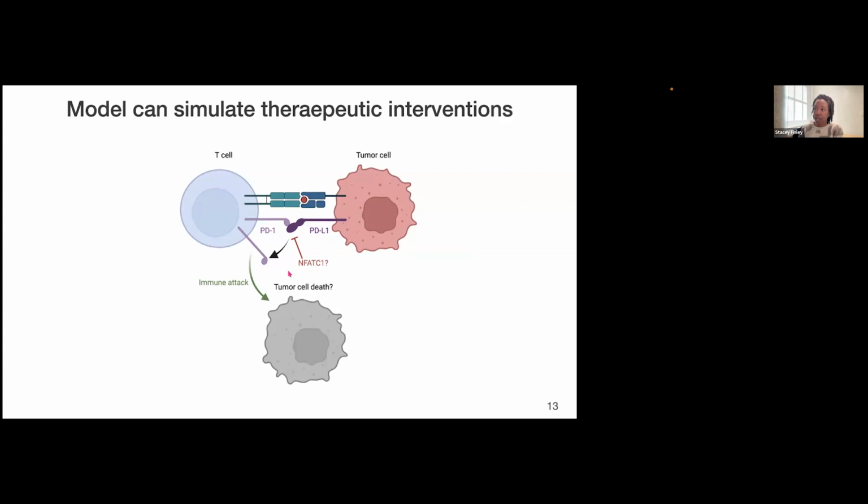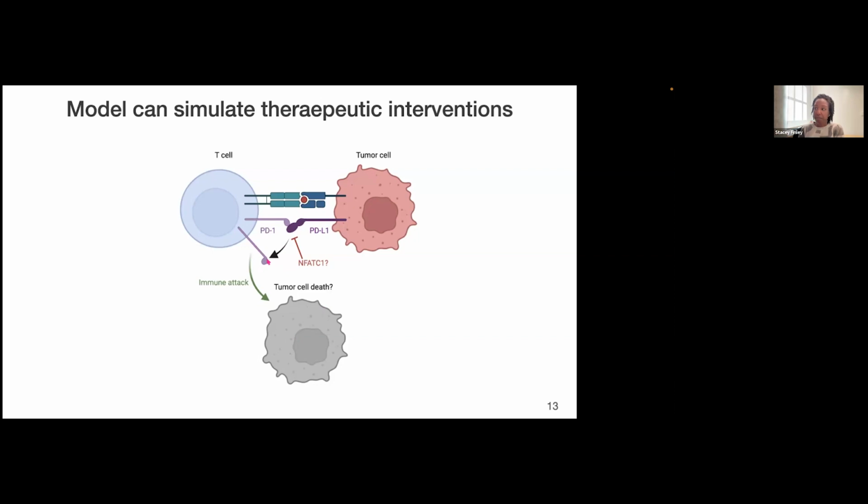So we're trying to block this particular edge in our gene regulatory network with the goal of seeing whether it would now allow further T cell differentiation that would go towards a pro-memory state. And ultimately, it's not part of this model, but if it's in the pro-memory state, then it would promote tumor cell death. So we're really trying to simulate this immune checkpoint inhibition through a genetic alteration of the gene regulatory network.